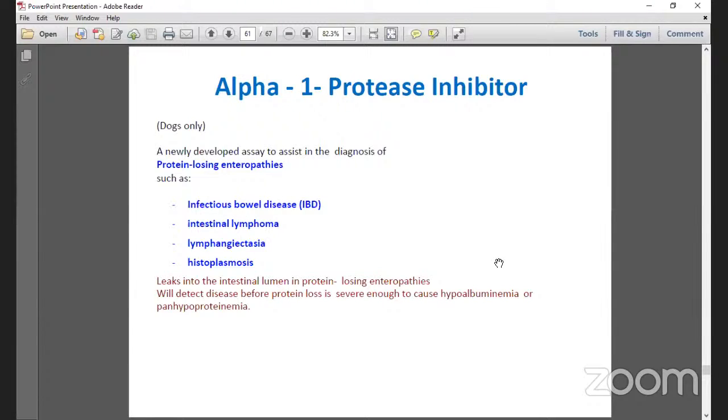As we know, in the intestines there are proteases, enzymes that break down protein, but this protein resists bacterial degradation. That's why in protein-losing enteropathies like IBD, we might observe an increase in the serum concentration of the alpha-1 protease inhibitor.